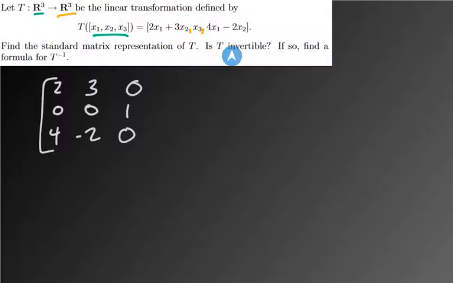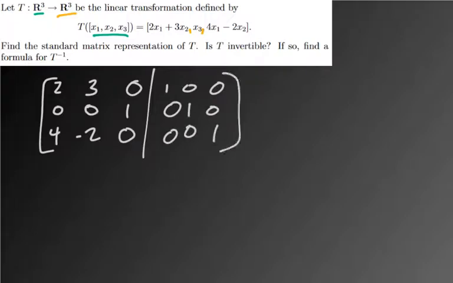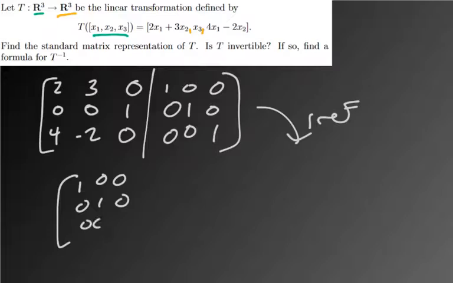And the question next is, is T invertible? If so, find it. The way I would personally do that is I would augment this thing with the identity and just see what this gives you, right? So if you RREF this, just like practically every problem in linear algebra, you would get this.